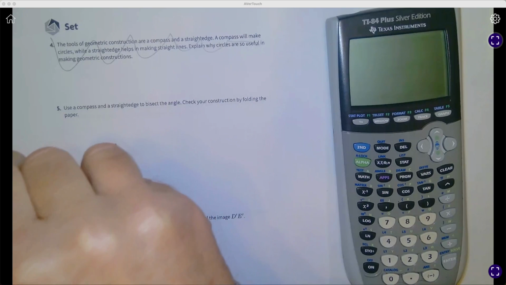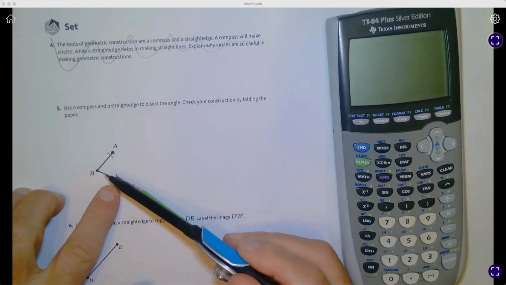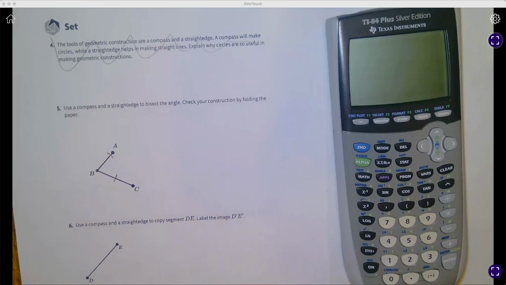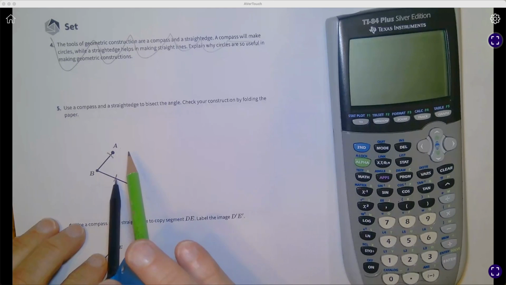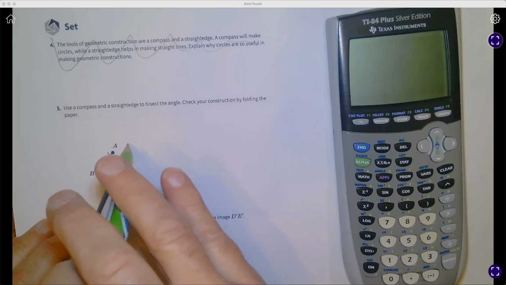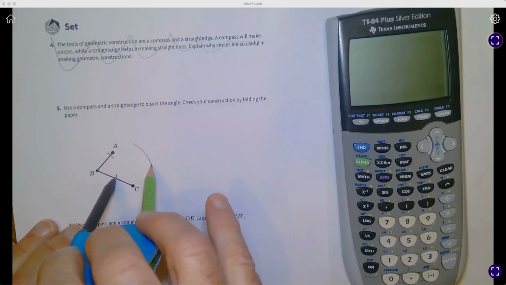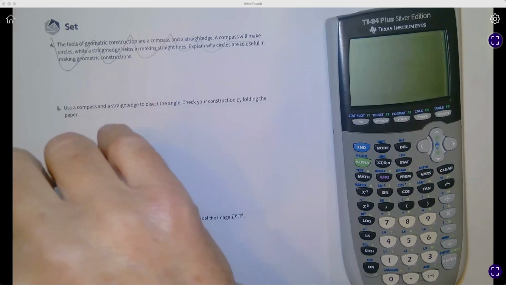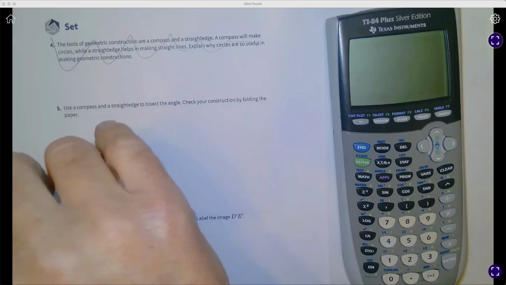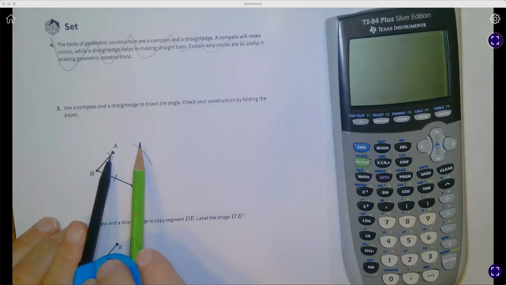So notice those distances are equal, right? The distance from B to that, distance from B to that are the same. Now I'm just going to elongate this a little bit. And I'm going to throw the point right out here and make an arc. And I'm going to throw this on the other point that is the intersection. And I'm going to throw it out there.